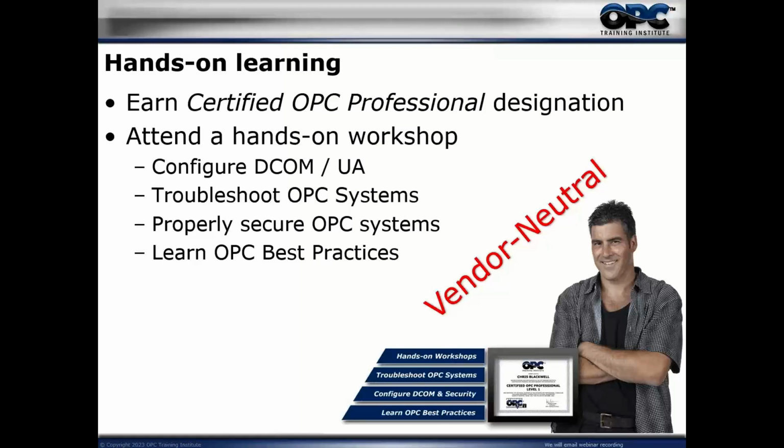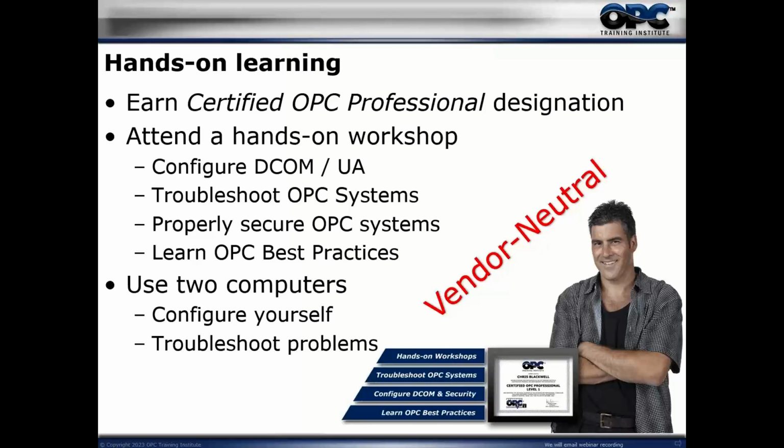You learn how to provide security properly, including DCOM hardening from Microsoft, firewalls, specific user accounts, user access control, authentication, encryption. You'll see how to do all of that, and you will learn OPC best practices.